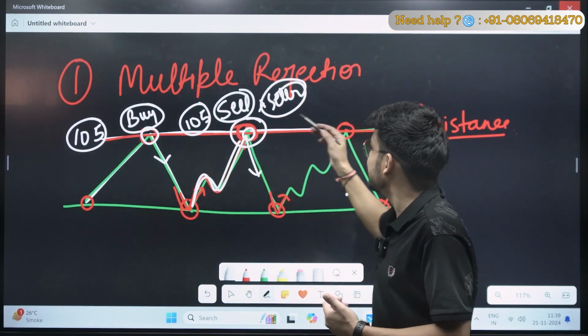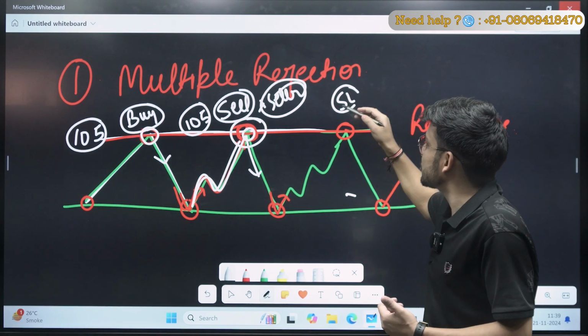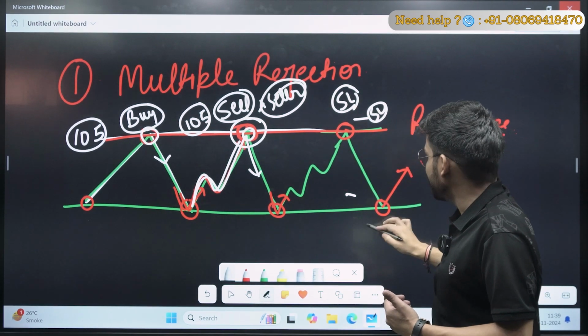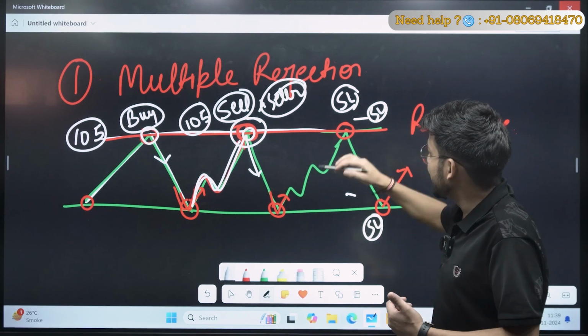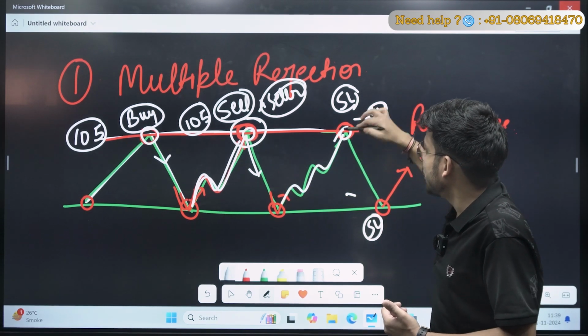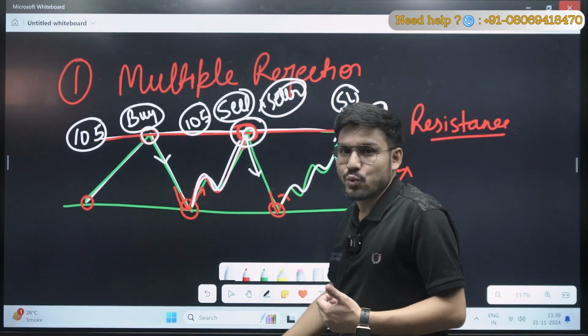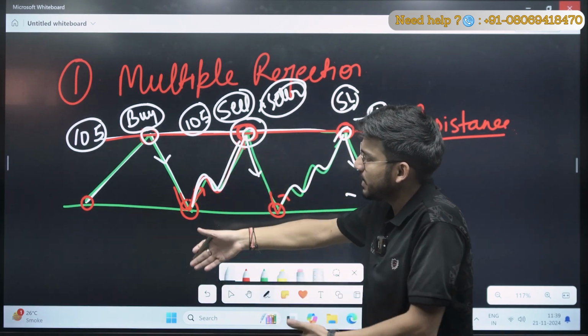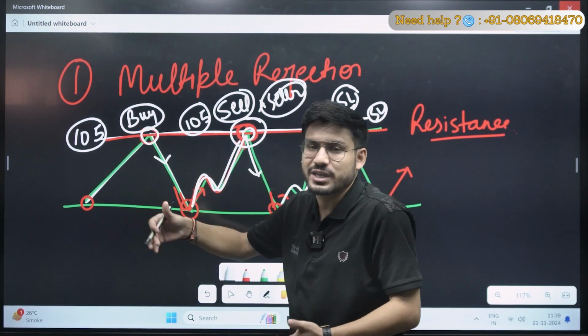Also there are certain stop losses, so people keep their stop losses above this resistance and below this support, okay. So usually when the market comes here, the market tends to move in the downward direction, right? So this is the logic behind why my resistance or support rejects the price, right?